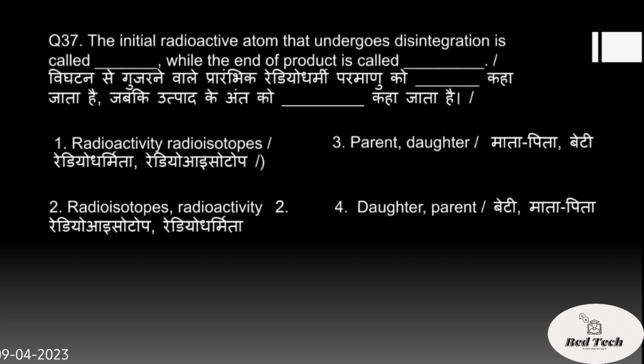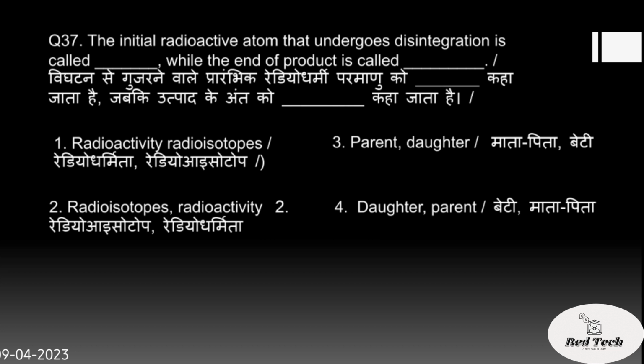Question number 37. The initial radioactive atom that undergoes disintegration is called, and the end product is called. So when a radioactive atom disintegrates, means breaks down, and the product which is created or produced, what would we call the initial atom, and what would we call the end product?